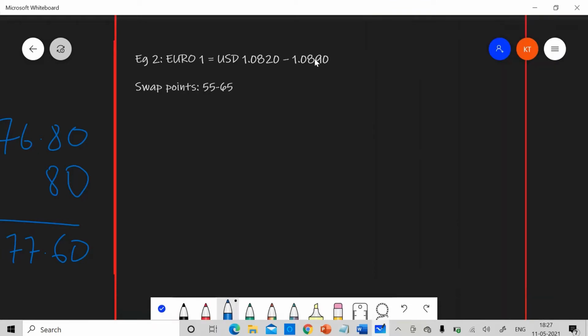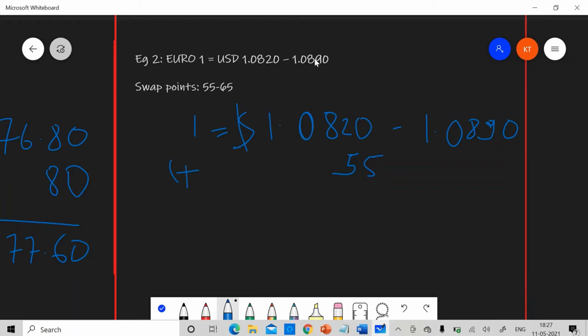So in this case you write it like this: 1 euro equals USD 1.0820, 1.0890, and then we have the swap points. We start from the last decimal point, and suppose we are told to add these as well.